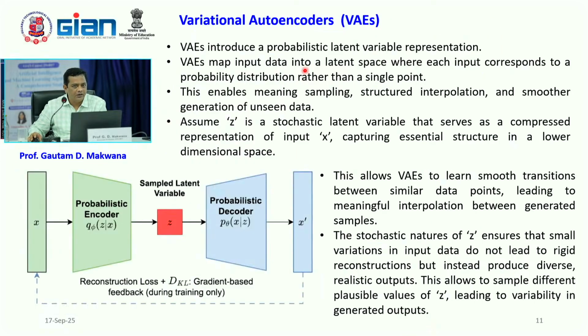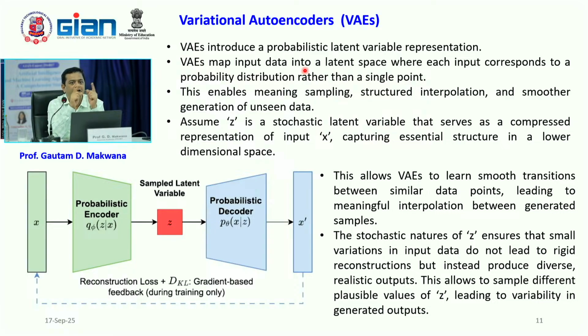So yesterday I talked about autoencoders, if you remember. In the autoencoder, the input space is transformed into a low dimensional space. Then with the help of the low dimensional space, the input is reconstructed again at the output.